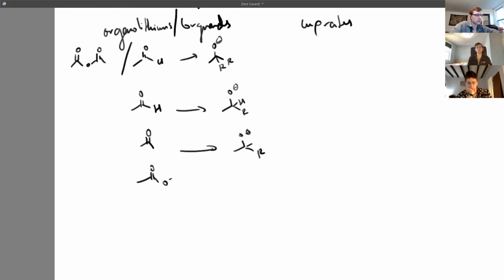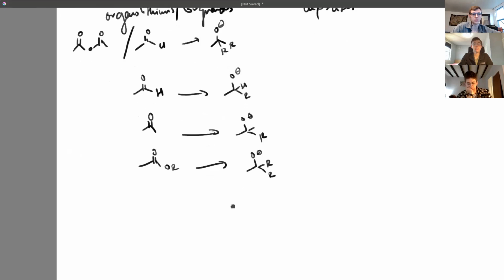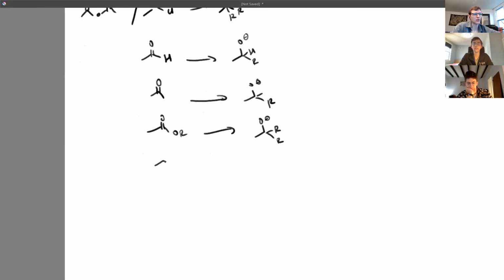If we have an ester, it's actually going to take that ester off. The ester will come off as a leaving group and will add twice. Okay. I think amides, at this point you're pushing it, but amides can probably also add twice.